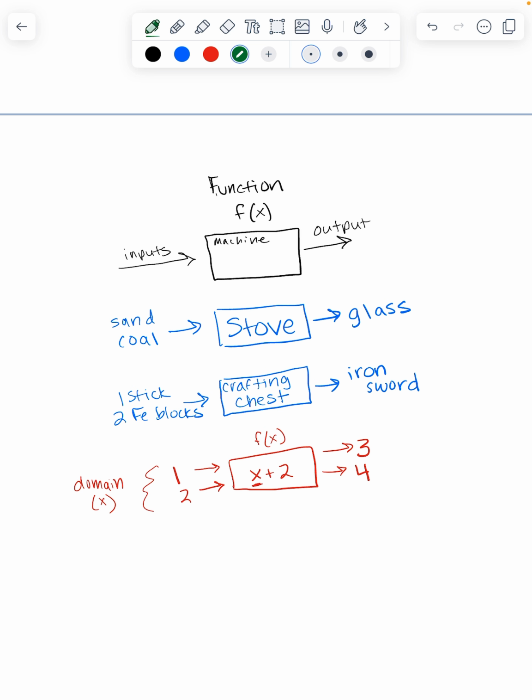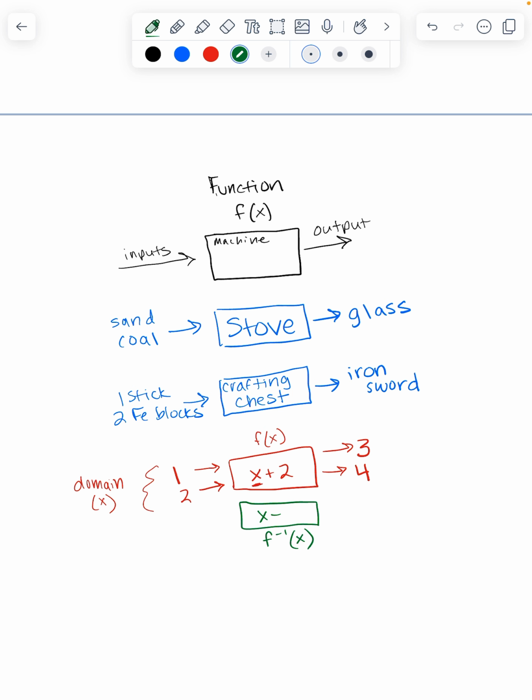The other cool thing that functions do in math is that you can have the inverse function, and that is represented by this -1 little index number here on the f of x. So this is the inverse function. So what is the opposite of the function of x plus 2?